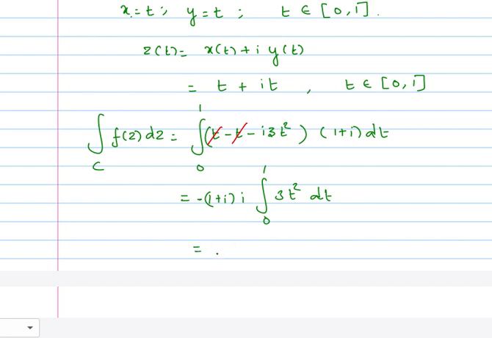So you will get 1 minus i times this integral, whose value automatically becomes 1 because t cubed evaluated from 0 to 1 is equal to 1. So this guy only will be there. I multiply minus i squared is minus 1, outside is minus, so it becomes 1 plus i.